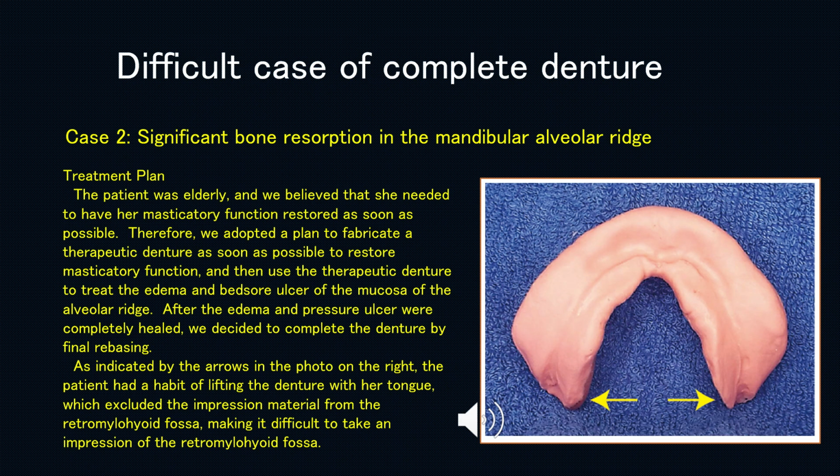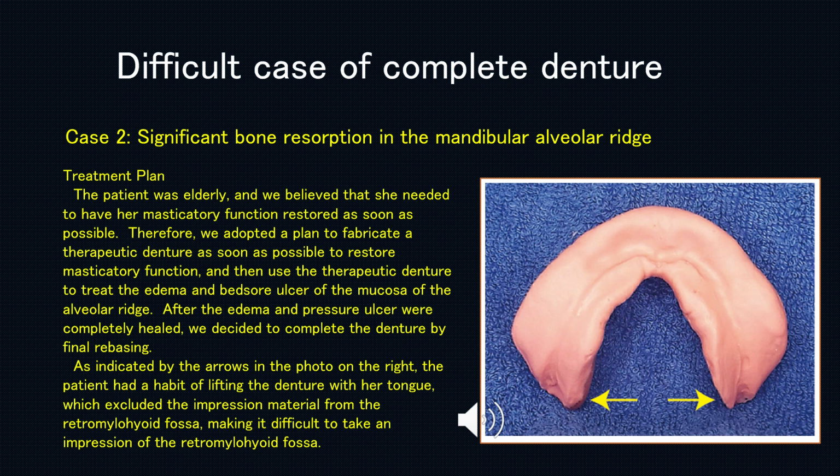Case 2. Significant bone resorption in the mandibular alveolar ridge. Treatment plan. The patient was elderly, and we believed that she needed to have her masticatory function restored as soon as possible.